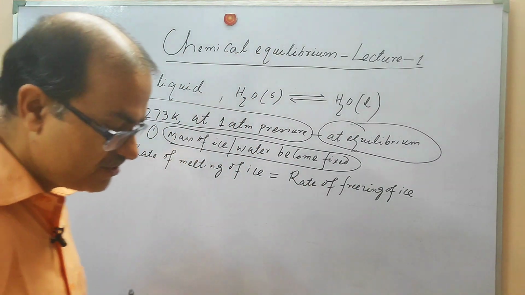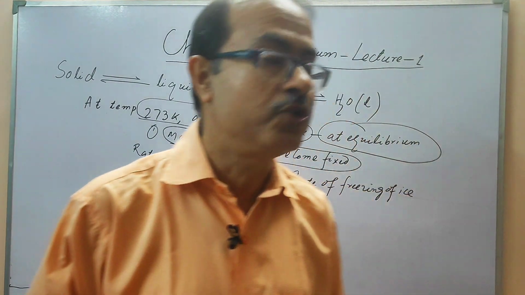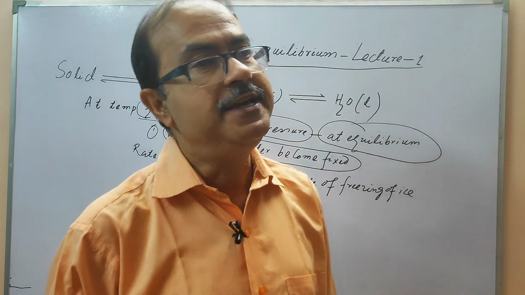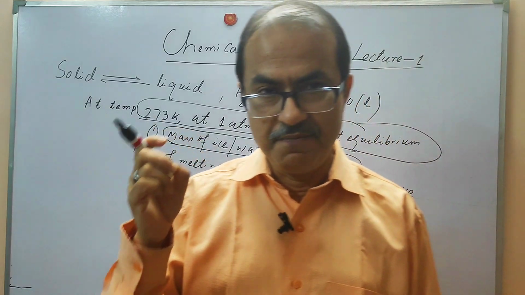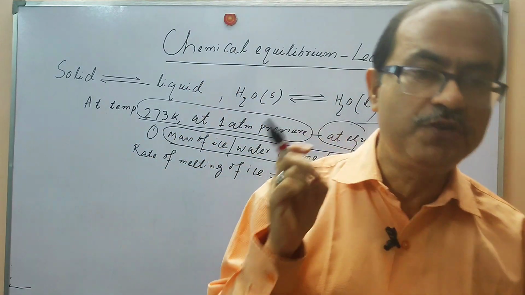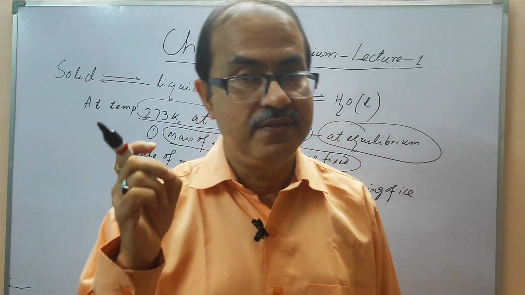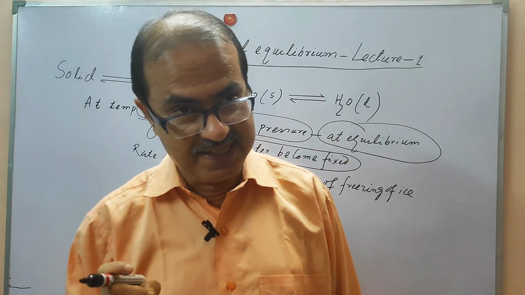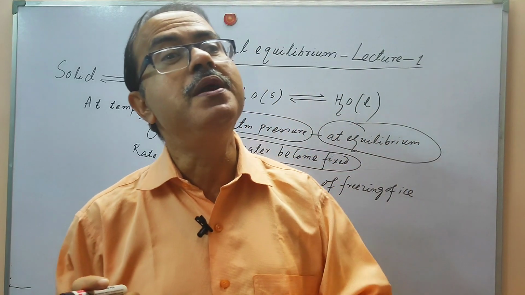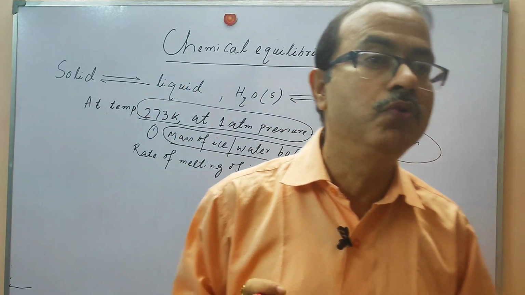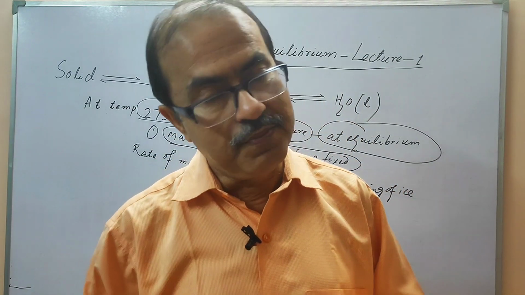And one definition comes out: the melting point or freezing point of a pure substance is the temperature at atmospheric pressure at which ice and water coexist in equilibrium. At the temperature at which equilibrium has been established between the ice and water, we call it the normal melting point or normal freezing point.